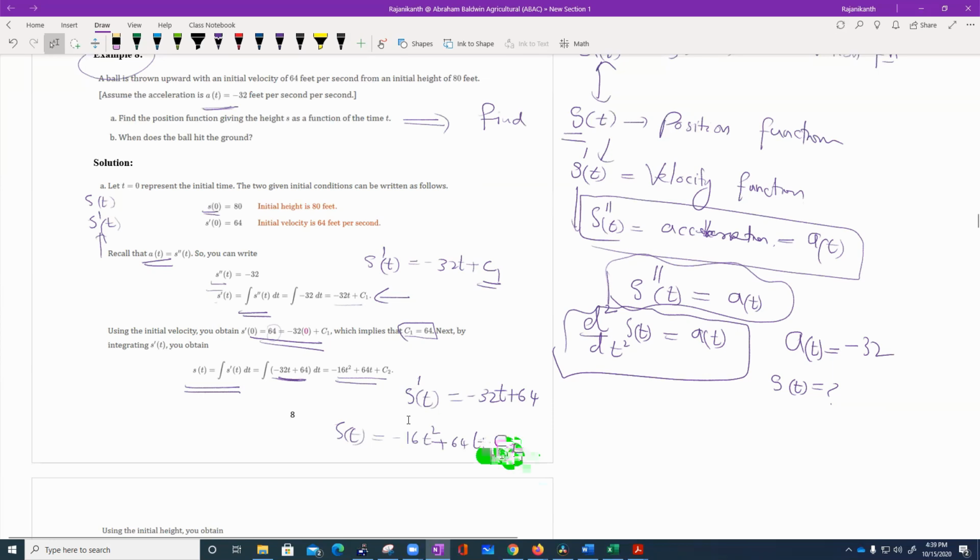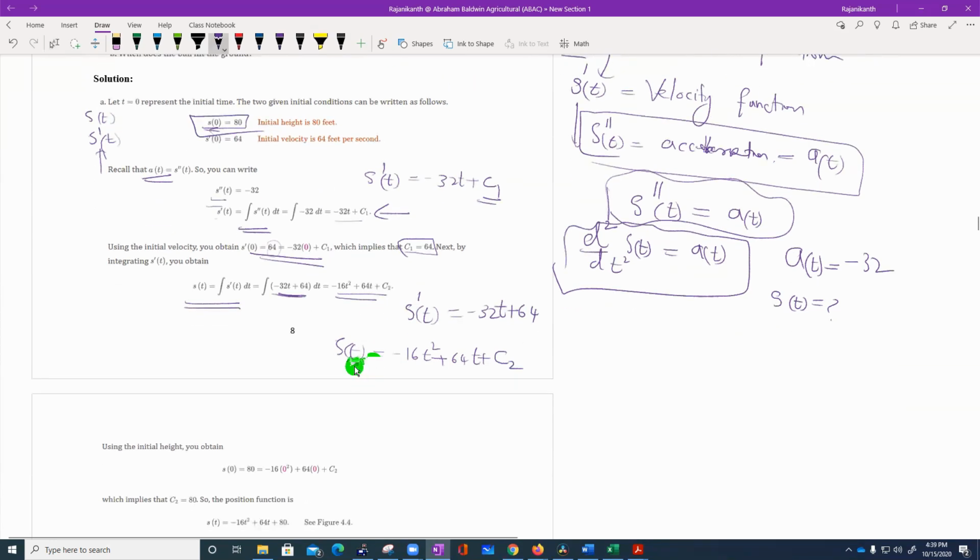Can I find this constant? Yes, we can find it because you know another condition. s(0) is 80. So if you plug in here 0, s(0) should be 80. So plugging t = 0 here will give you s(0). So if you plug in t = 0 here, this is 0, this is 0, simply you will get c2, right? But we know s(0). What is s(0)? s(0) is 80. Therefore, this is 80. So it should give you c2 as 80.